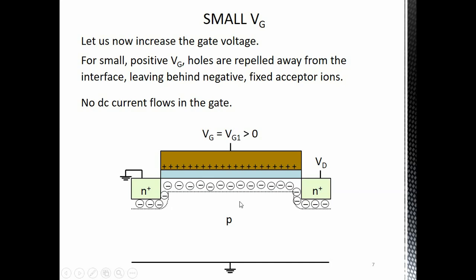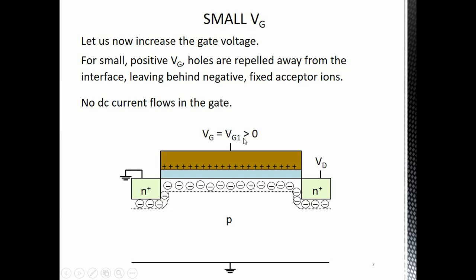Will current flow? There is a gate voltage, there is a drain voltage. Current will still not flow, because there is no place for it to go. Again, I am emphasizing here, no DC currents flow in the gate.